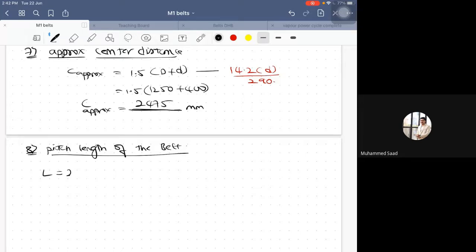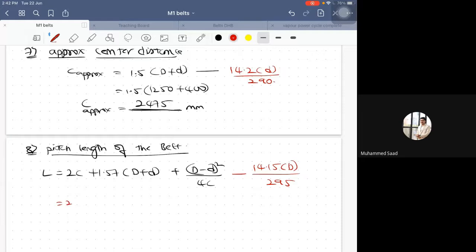Pitch length of the belt, you can use that formula: L is equal to 2C plus 1.57 times capital D plus small d, plus capital D minus small d its whole square divided by 4C. You are taking this equation from 14.15 B on page number 295. Please substitute C as approx.